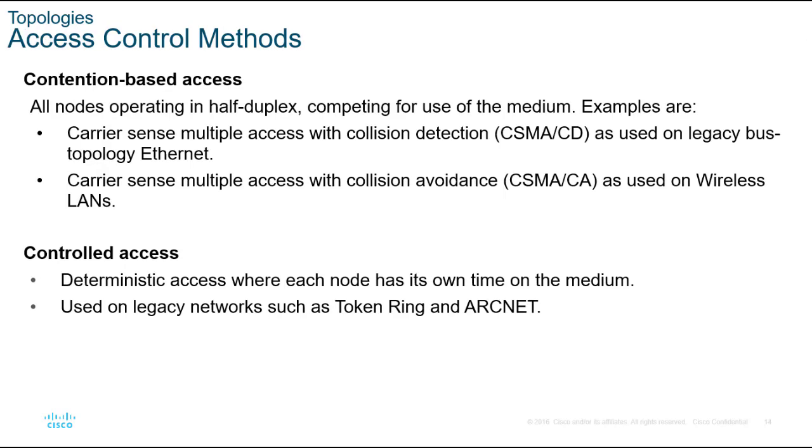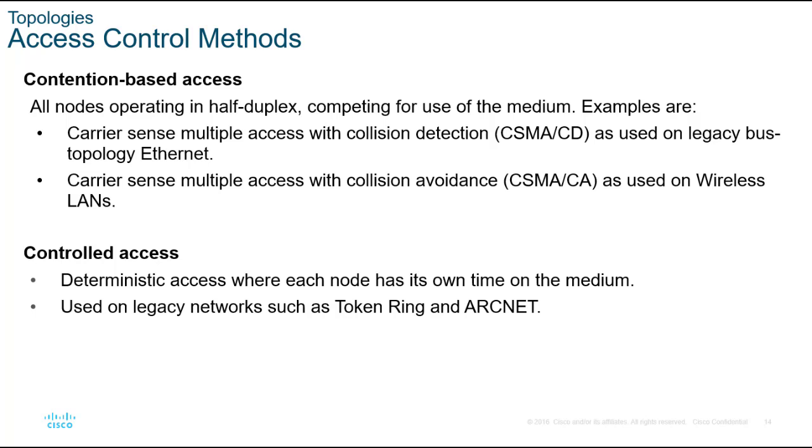The term multi-access network simply refers to any network having two or more end devices trying to access the network at the same time, such as Ethernet LANs and wireless LANs, for example. Sometimes multi-access networks have to have rules for how devices can share the media. Two access control methods for multi-access networks like LANs and WLANs are contention-based access and controlled access.